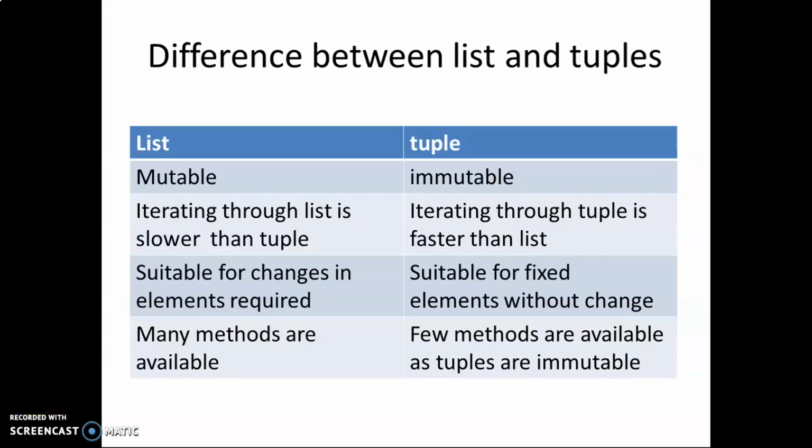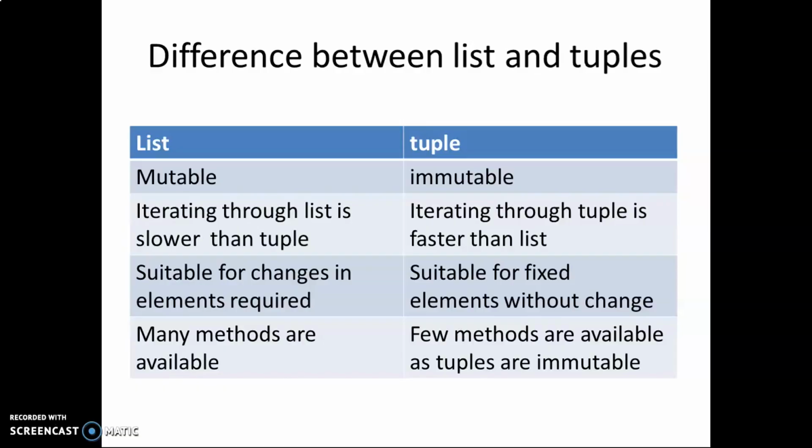So we can easily pass through the values in tuples. Let us see the difference between list and tuples. List is mutable and tuple is immutable. Mutable means it's changeable, but immutable means not changeable. Iterating through list is slower than tuple. Iterating through tuple is faster than list because as the elements are fixed, we can do it faster.